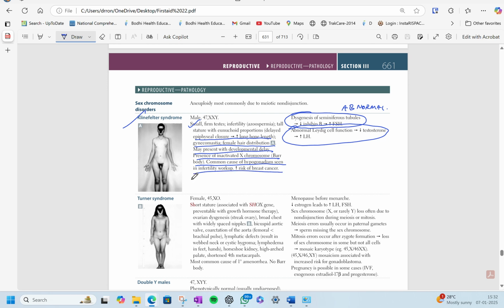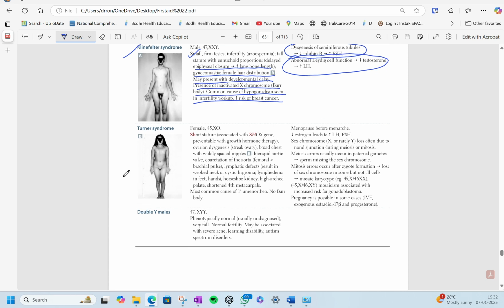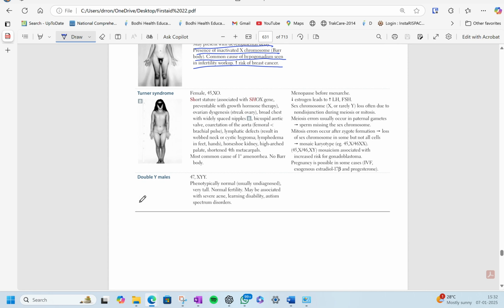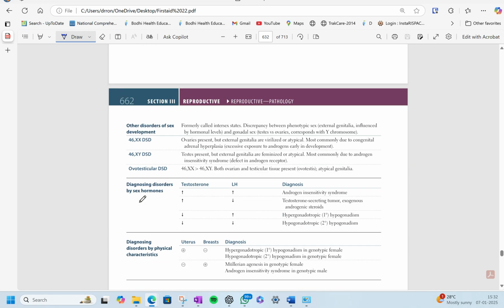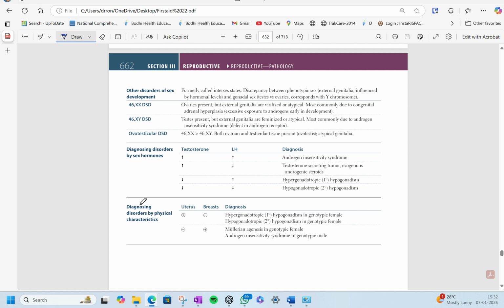So Klinefelter's, again, you will see the characteristic pubertal development. Turner's is not difficult, but if you go to the other disorders, here you want to see based on the testosterone and its levels.